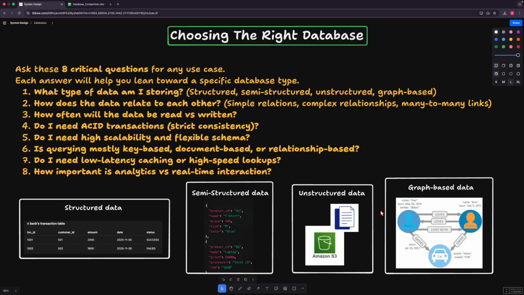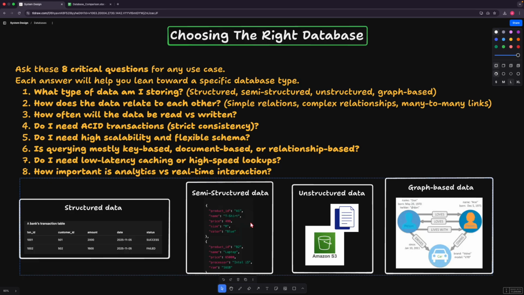This is the first criterion that we should define for our data: under which category the data will fall. Once we are final with the category of the data, whether it is structured, semi-structured, or unstructured, we can move on to the other questions. Why do we need to move on to other questions when we have already finalized the structure?